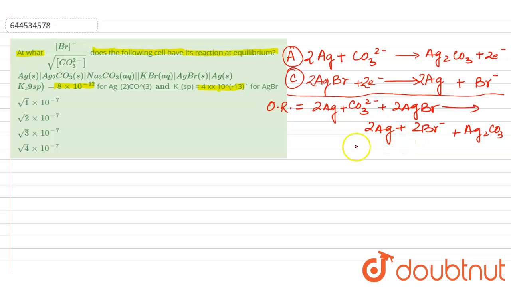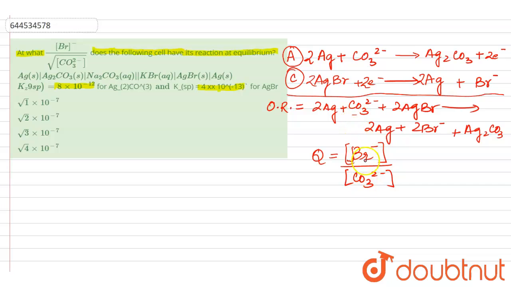Now we have to first calculate the concentration of Br minus divided by the square root of the concentration of this. So we will calculate Q, and Q is the ratio of the ions. First of all, the ion is present as Br minus, the concentration of Br minus, divided by the concentration of CO3 2 minus, that is present on the left hand side, the reactant side.